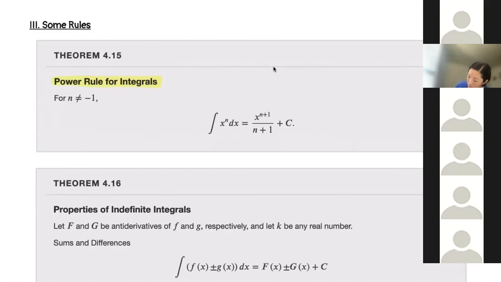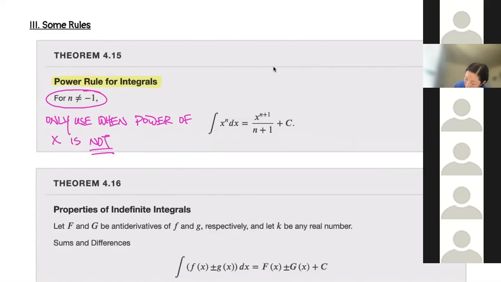Okay. Now, one really important point here, this is only when the power does not equal -1. Okay, so only use when the power of x is not -1. Okay.